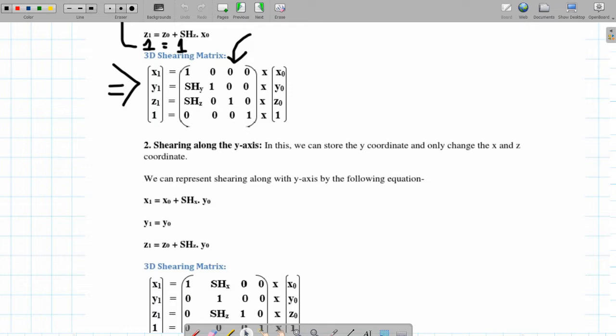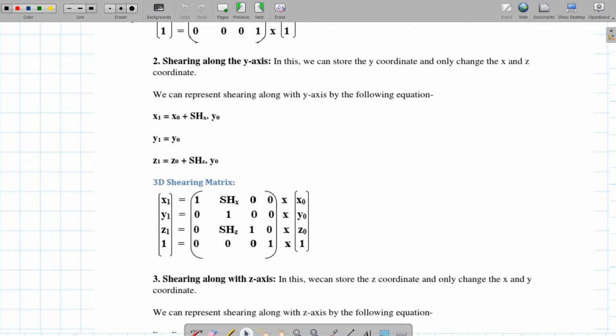Just observe this set of equations, how the changes are taking place, and if you convert this to homogeneous matrix equation by appending 1 equals 1, then you get something like this: vector x1 y1 z1 1 equals, this is your shearing matrix along y-axis.